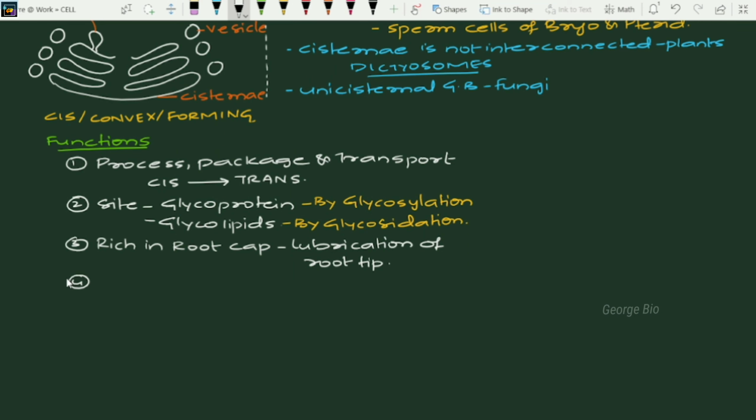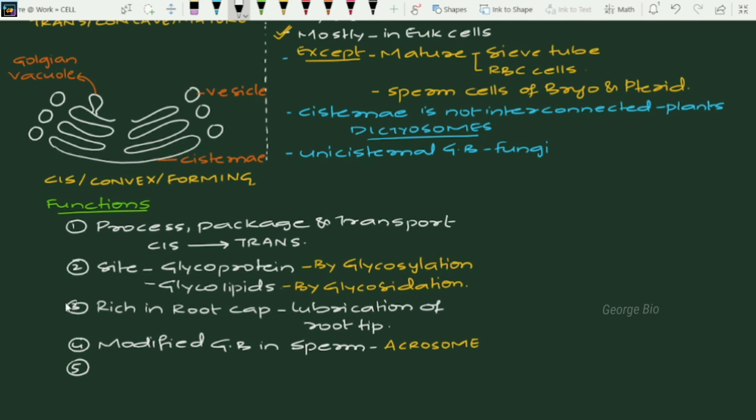In the head of the sperm cell, there is a modified Golgi apparatus, called the acrosome. Now the materials transported from the endoplasmic reticulum, in the diagram you can see the proteins secreted from the endoplasmic reticulum, are received at the cis phase, modified and transported, and converted into enzymes.